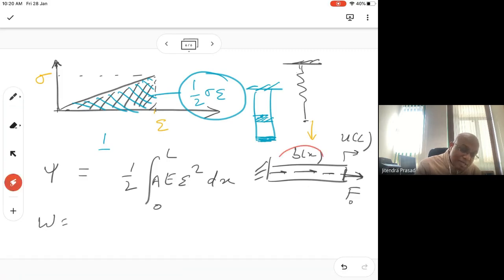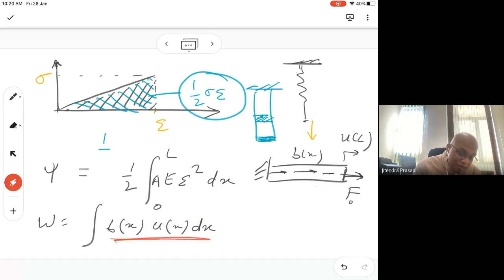One is because of this body force. The body force will be equal to body force Bx multiplied by U, right? U is a function of x, Ux, and this is the force per unit length, and this is the displacement. So we have to multiply it by dx. That Bx multiplied by dx is the total force at this point, which has U displacement.